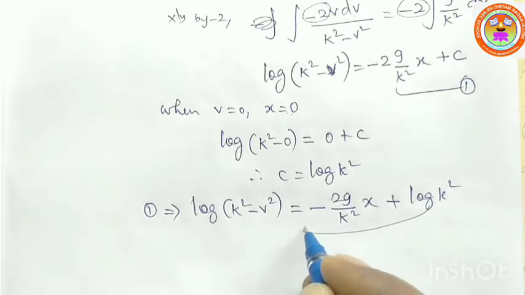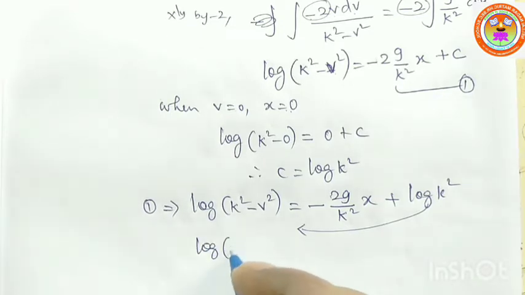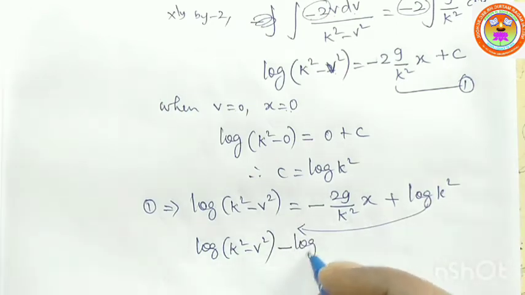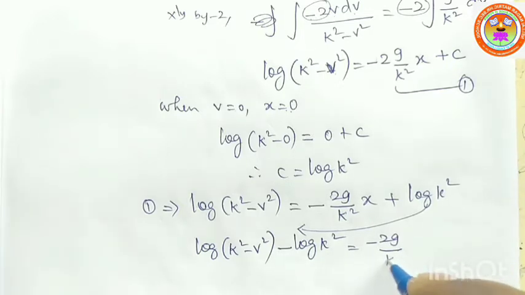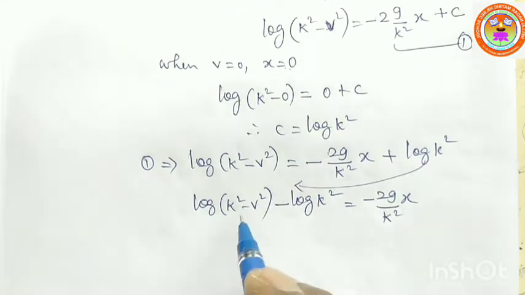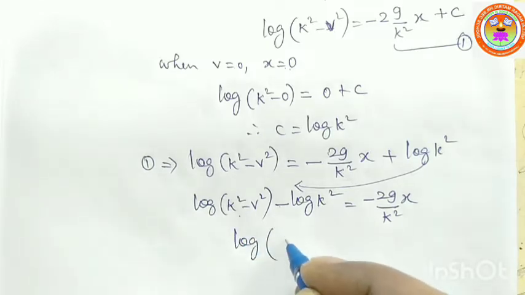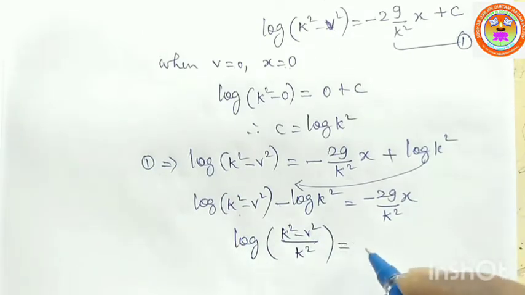When we are bringing this log term into the left hand side, it will become log of k square minus b square minus log k square, which is equal to minus 2g by k square into x. Now, log a minus log b is log of a by b. So, log of k square minus b square by k square, which is equal to minus 2gx by k square.